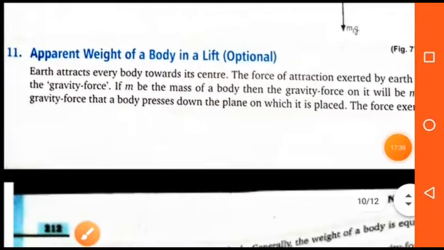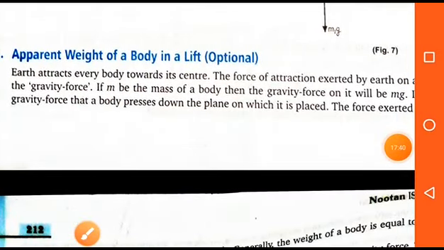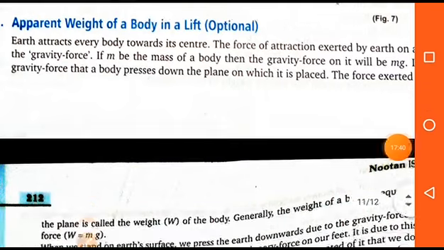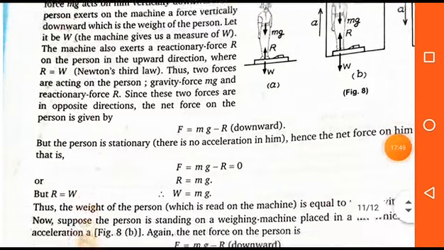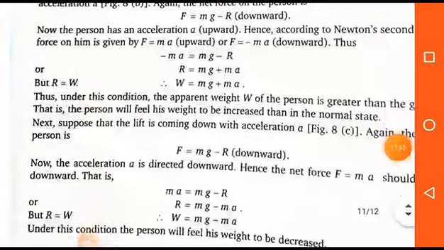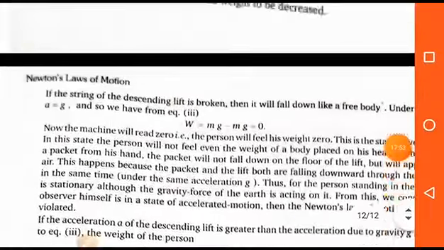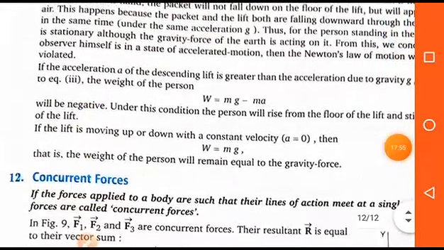Now, this topic is out of course because it is optional and not used in the 11th class, but sometimes in competitive exams this can happen. So we will study this topic after some time.